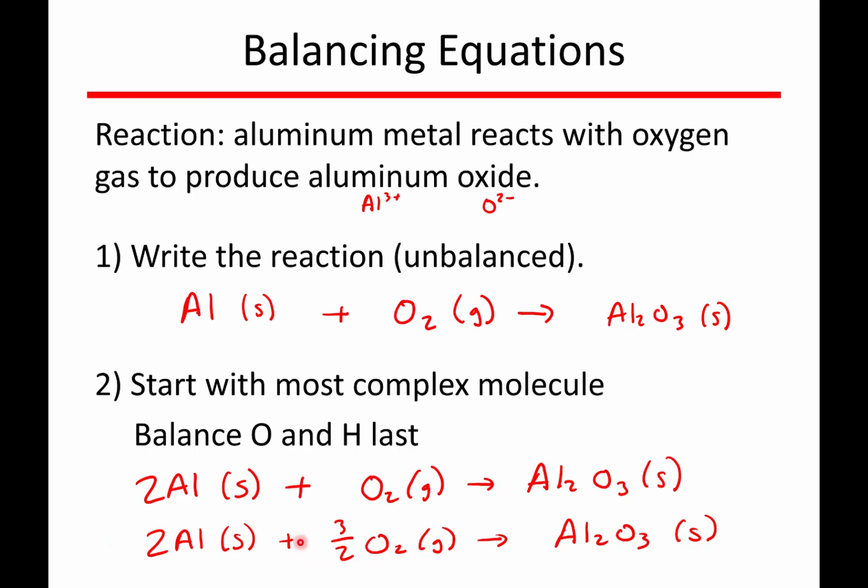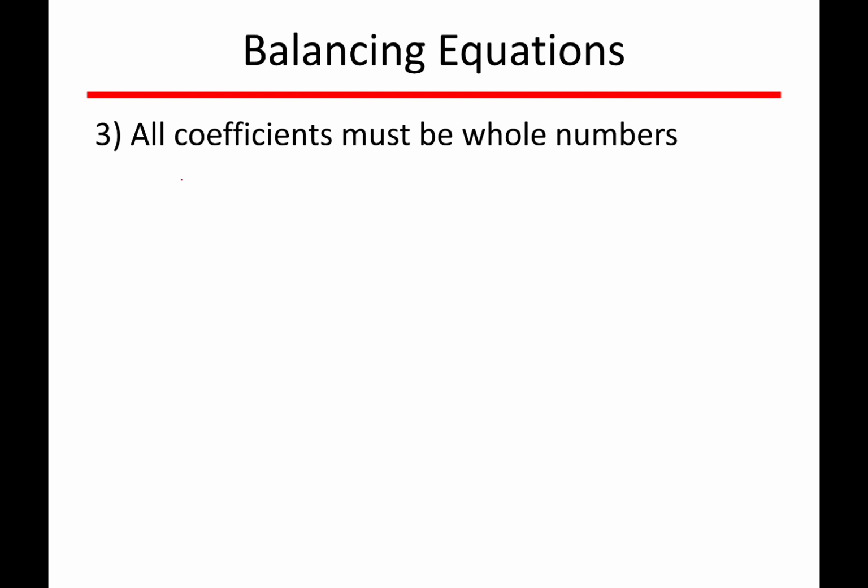Instead, you have to multiply every single thing in the equation by 2, because if you apply the same change to everything, that will keep the reaction balanced. So everything here gets multiplied by 2 so that we generate whole number coefficients. Therefore, we will end up with 4Al plus 3O2 going to 2Al2O3. And this equation is balanced.